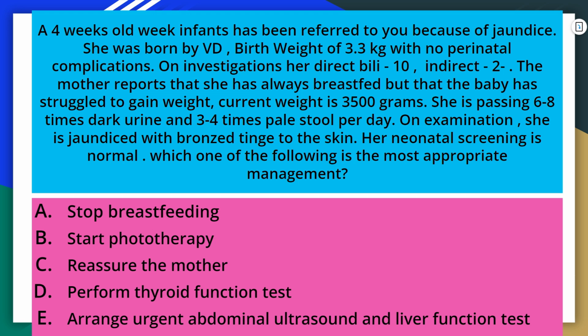Her current weight is 0.5 kg. She is passing 6 to 8 times dark urine and 3 to 4 times pale stool per day, and on examination she is jaundiced with bronze tinge to skin. Her neonatal screening is normal. Which one of the following is the most appropriate management? Stop breastfeeding, start phototherapy, reassure the mother, perform thyroid function test, or arrange urgent abdominal ultrasound and liver function test.